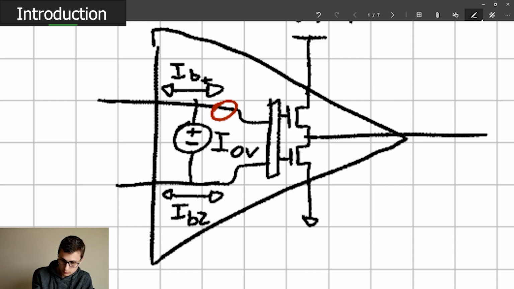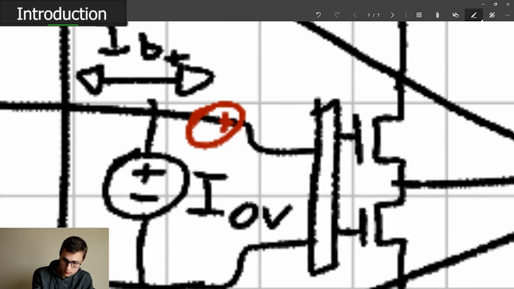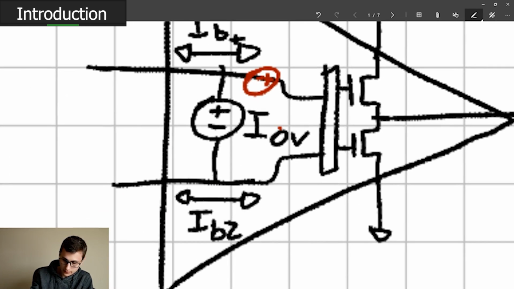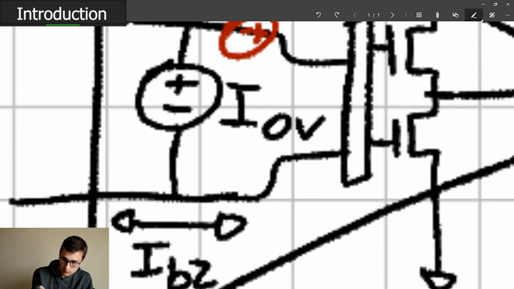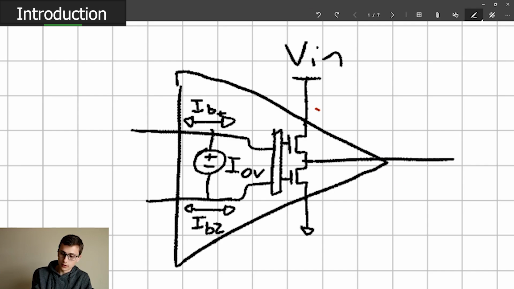So we would actually put it right here and right here. But you kind of get the point. We've got our output, we've got our power in, we've got our reference, we've got our positive terminal, we've got our negative terminal of the comparator.